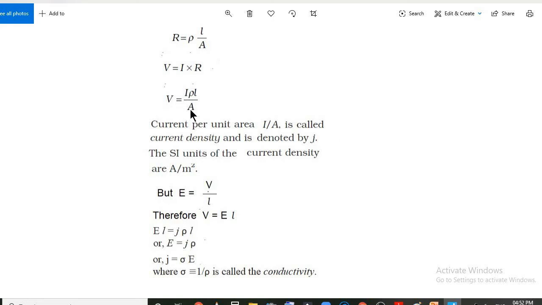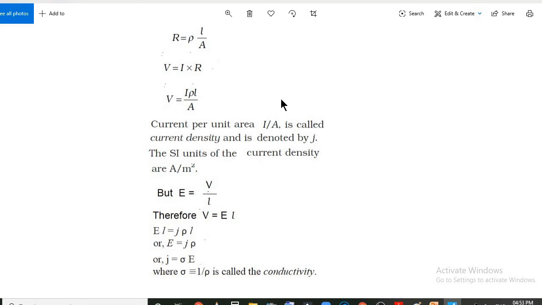Current passing through the whole cross section of a wire is intensity of electric current, and current passing through a unit cross sectional area of a wire is known as current density. Total current by total area, I divided by A, is current density. As you know, usual density means mass in a unit volume, total mass by total volume.